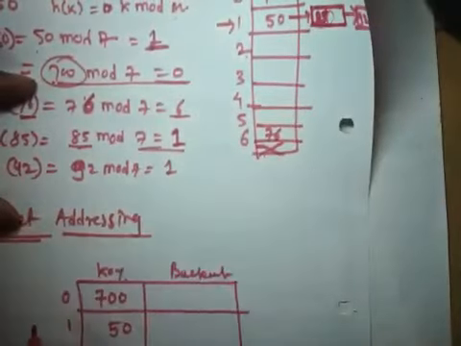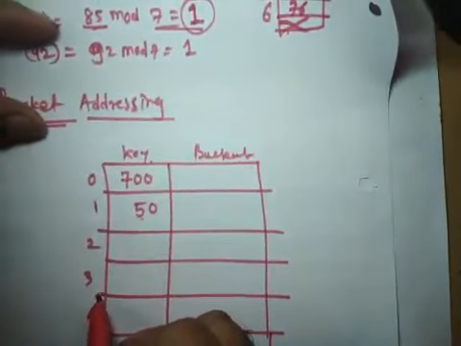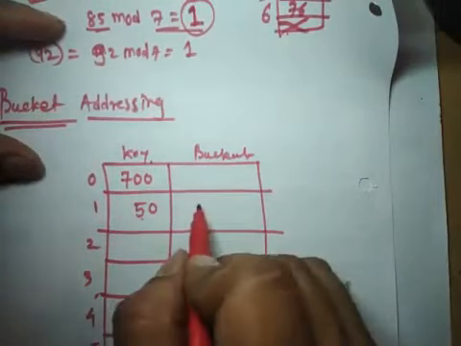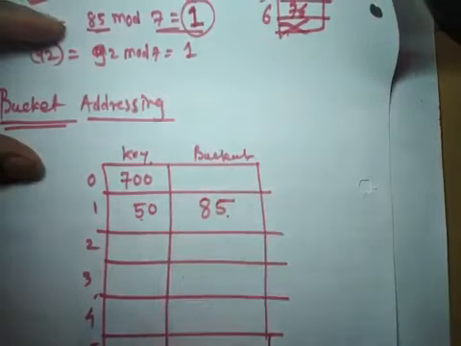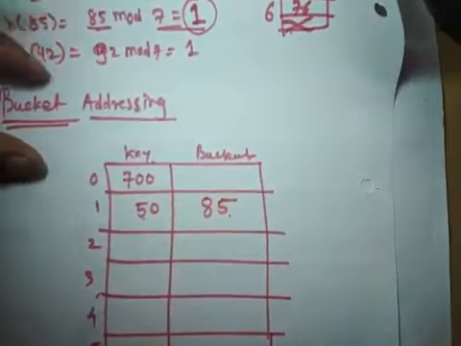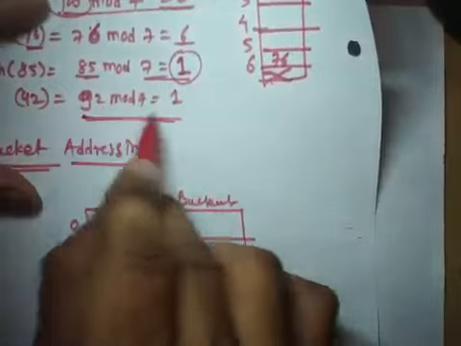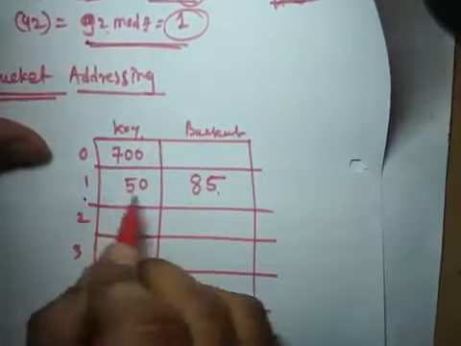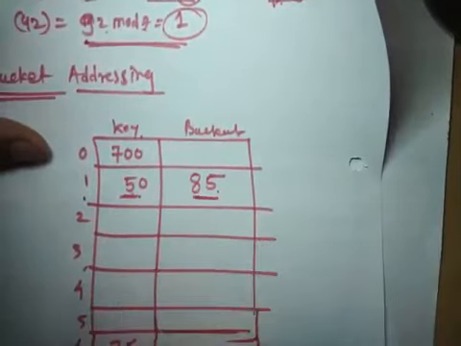Now 85 will generate index location 1, but index location 1 is already filled with the element 50. So in bucket addressing we use the bucket to store the next element, so in this bucket we store 85. The next element is 92. 92 mod 7 asks for the same index location 1, which is filled with 50, and the bucket is also filled with 85.